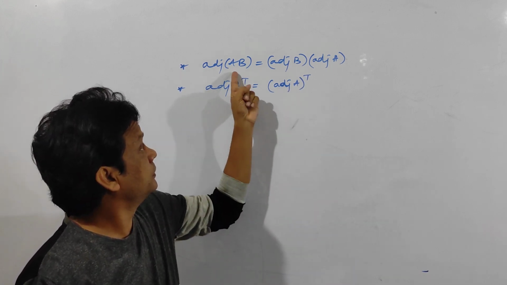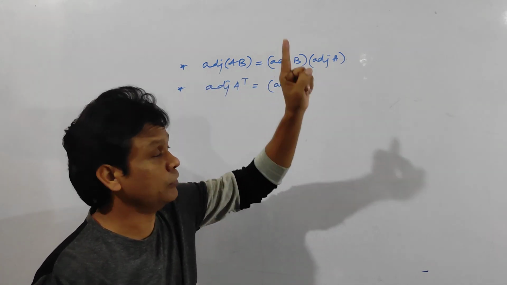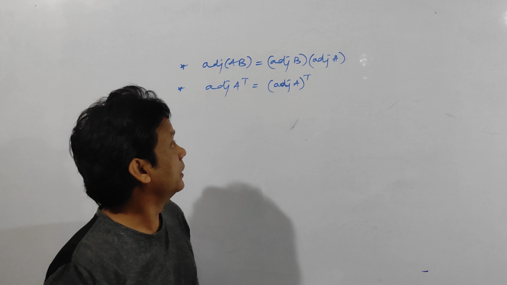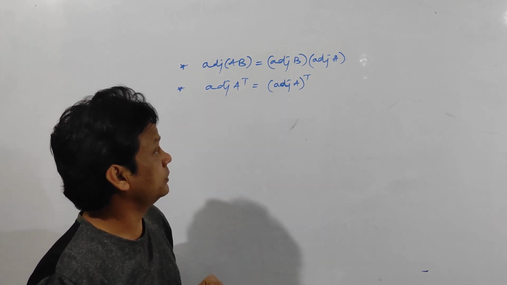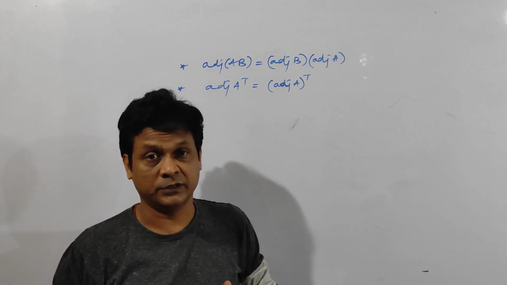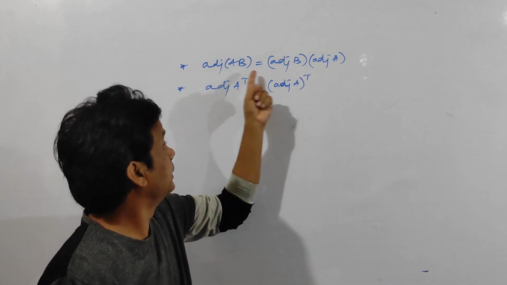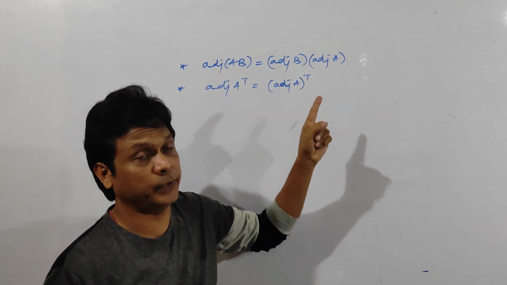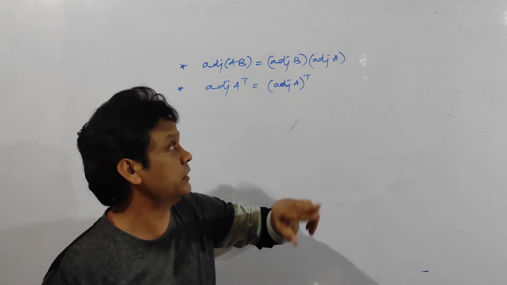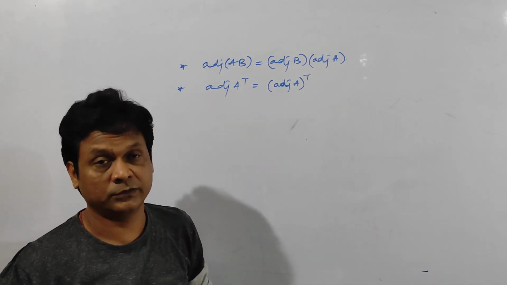Perhaps the question was there, adjoint of AB is equal to adjoint of A into adjoint of B. And this property was there also, and two more properties of inverse. And the question was, which one is wrong? Clear? But the original formula is adjoint of AB is equal to adjoint of B into adjoint of A. But in the multiple choice, it was adjoint of A into adjoint of B. So that point was wrong.